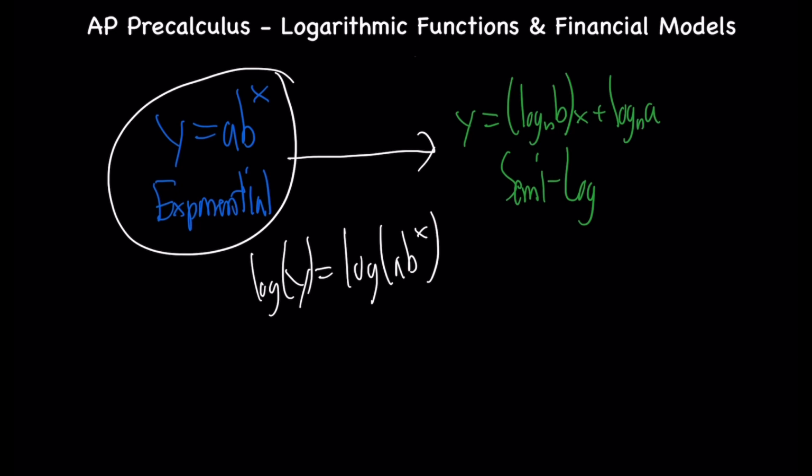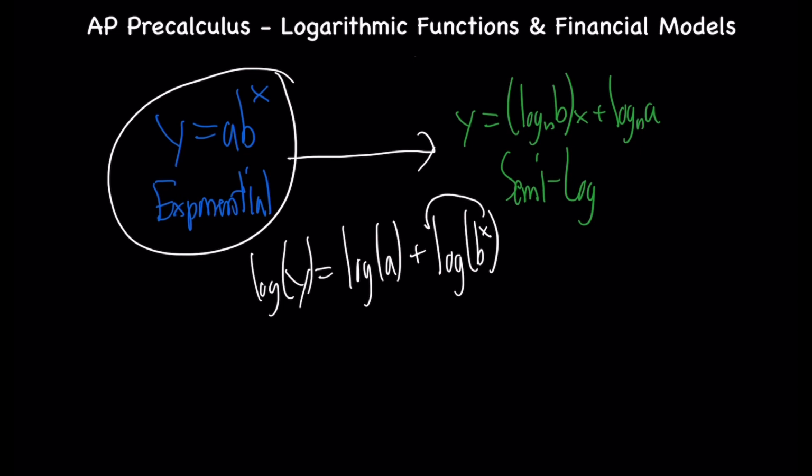And using the properties of logarithms, you can expand this by saying log of a plus log of b to the power of x. And then you can use logarithmic properties again and rewrite it like this: x log of b.